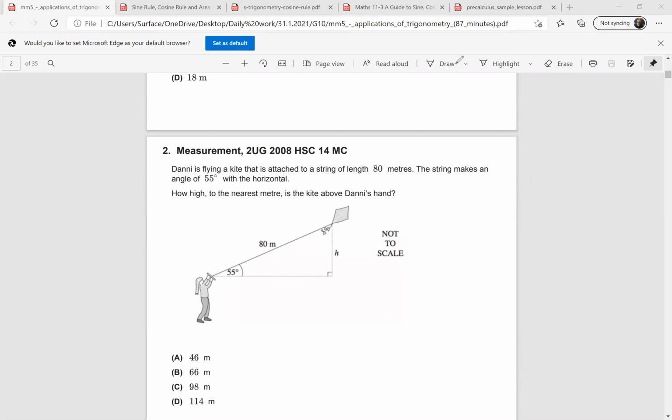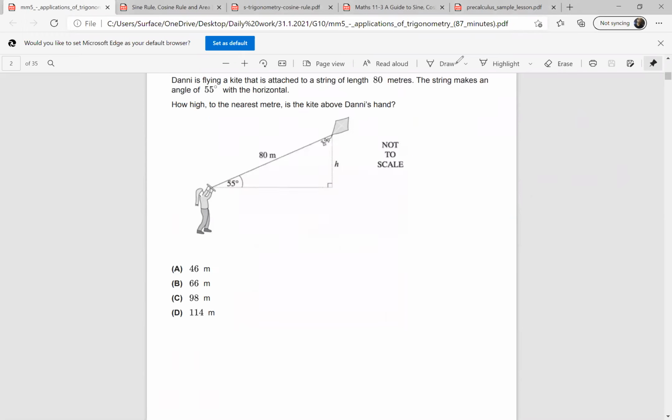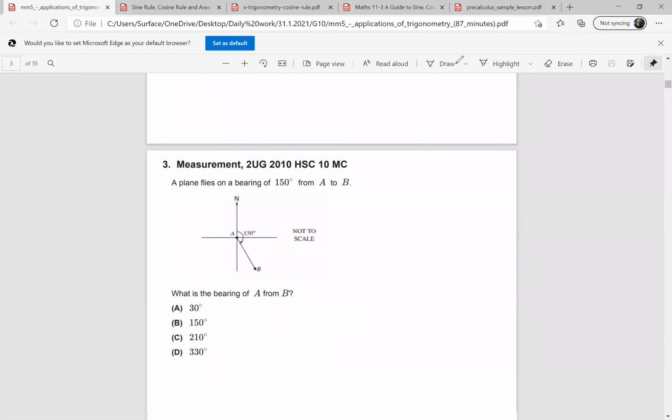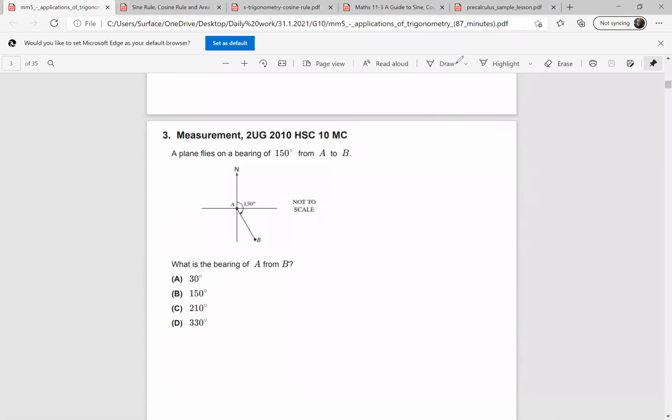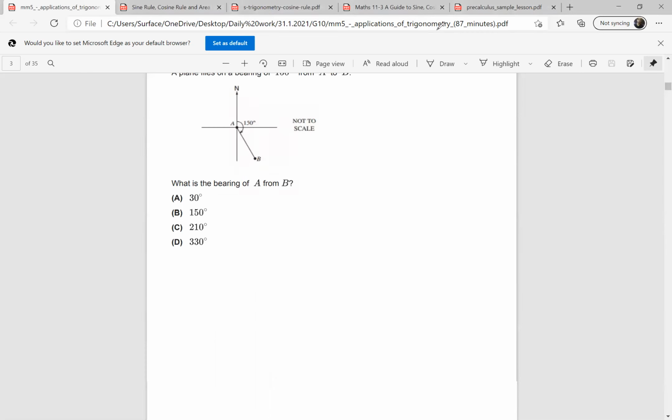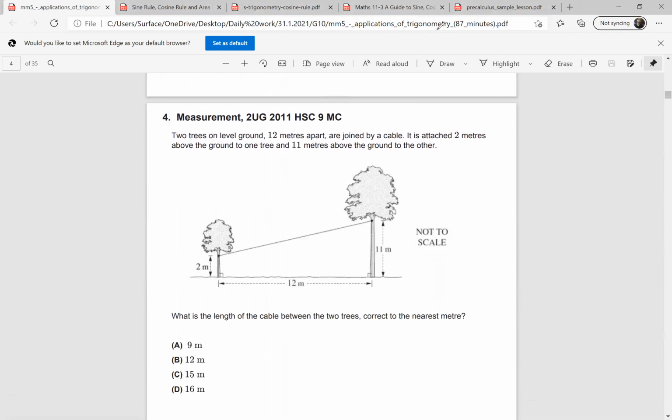Okay, let me solve another one. Number 3. A plane flies on a bearing of... No, we don't need that one. This exercise, I'll give you a chance to solve it.